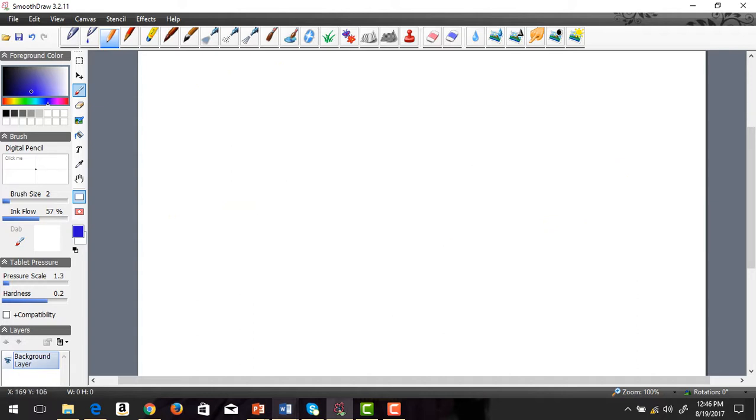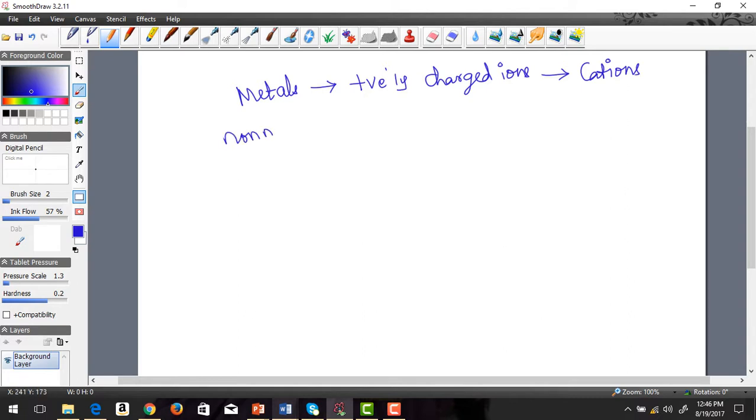The summary here is that metals typically make positively charged ions, which are known as cations, and non-metals typically make negatively charged ions, which are known as anions.